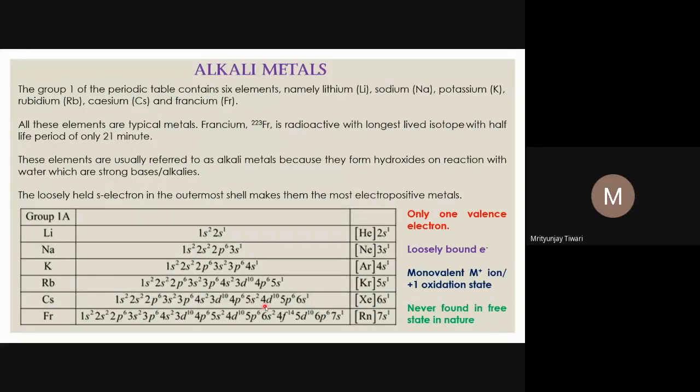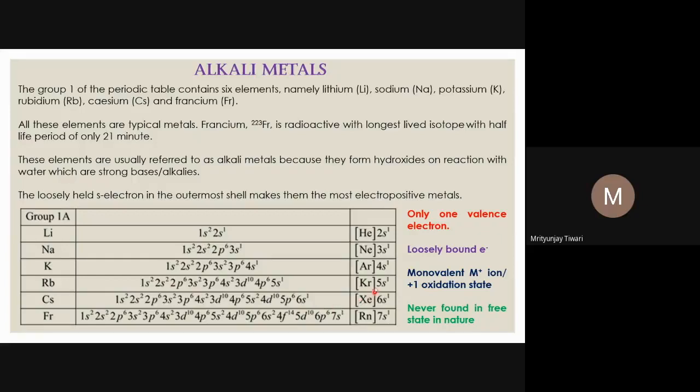Now in the case of cesium, if you write its electronic configuration according to the above principle, we come to 5p6 and then 6s1. Up to 5p6 is the electronic configuration of xenon, which is also a noble gas, and then 6s1.